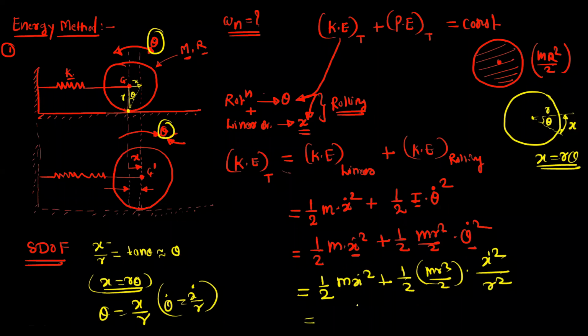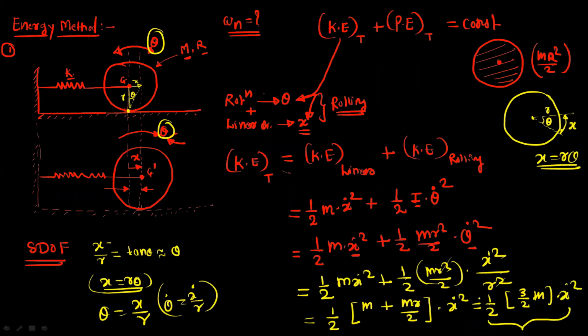Now take 1 by 2 common, so we write this relation in the standard form of kinetic energy. 1 by 2 in bracket m plus m r square by 2 upon r square, so r square and r square get cancelled, so m upon 2 into x dot square. So this is 1 by 2 in bracket 3 by 2 m into x dot square.